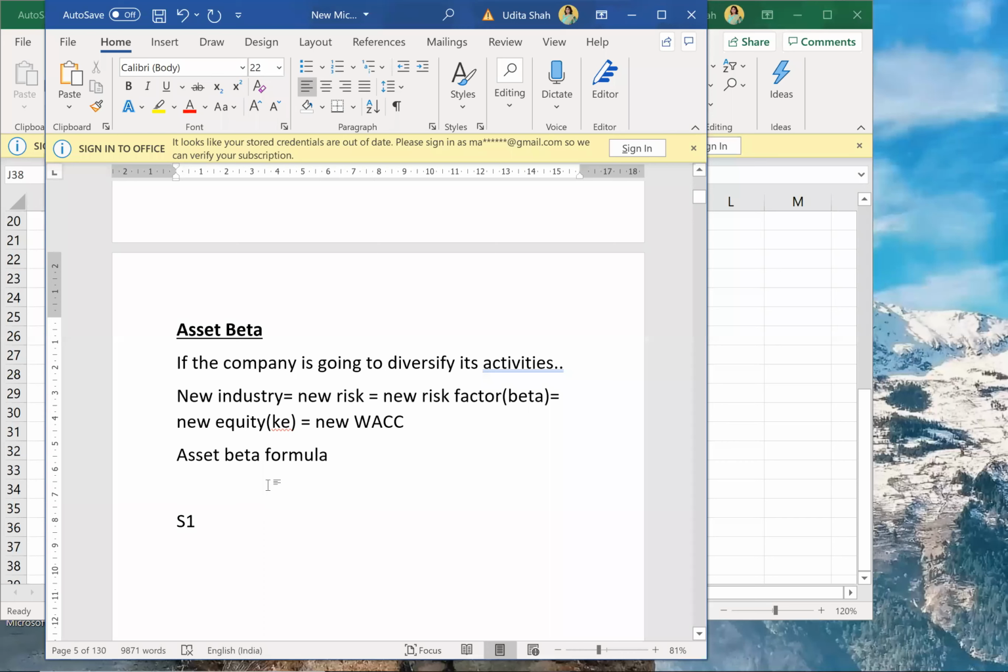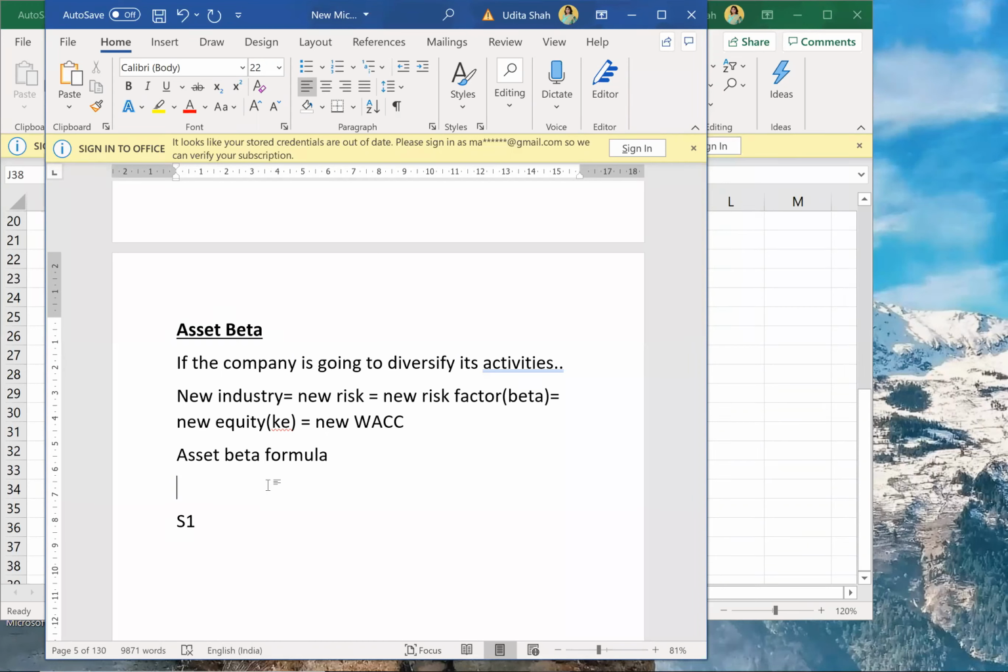So only KE changes. Why does not the KD change? Why does not the cost of debt change? Because bank does not care. Okay, bank does not care after giving the loan whether you use the loan for manufacturing industry or for software industry. So bank's expectation from you is fixed interest rate. They don't care where you invest the money, correct?